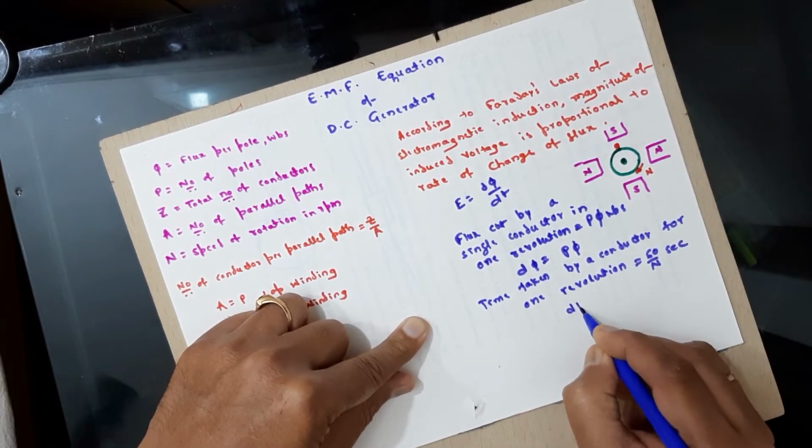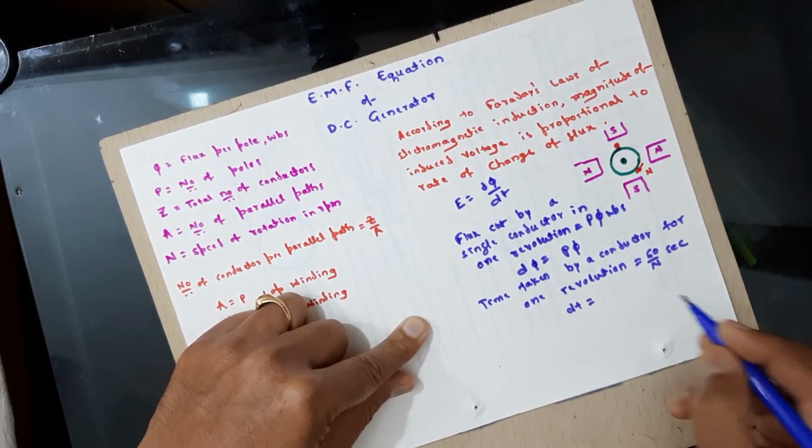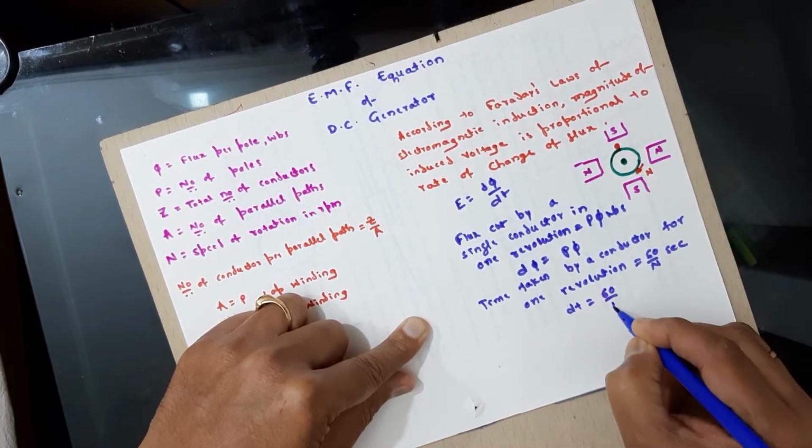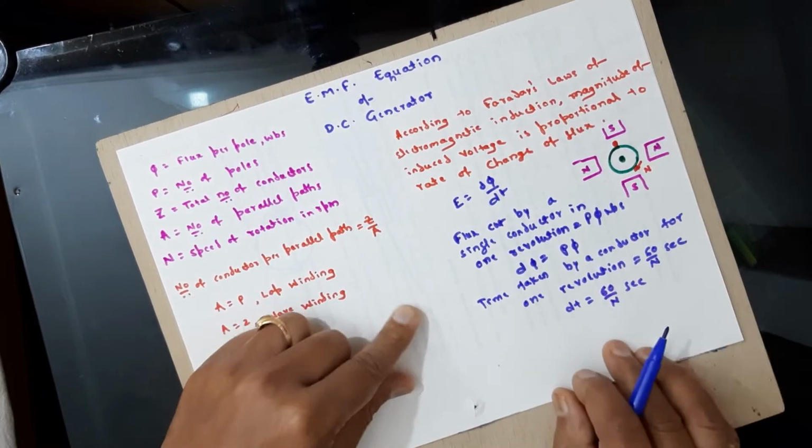This I am calling dt. That is, dt is equal to 60 by N seconds.